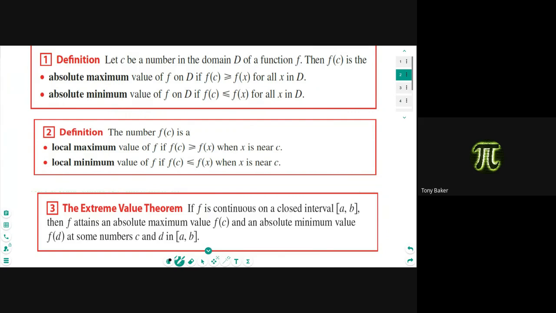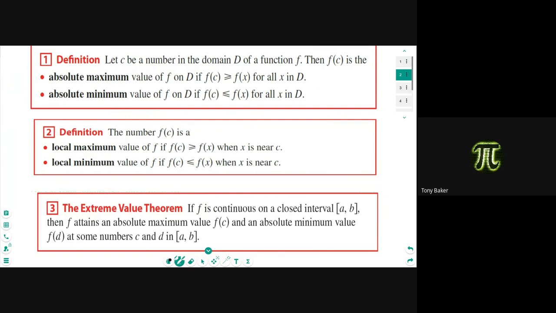A local maximum or minimum is when f of c is greater than f of x when that x is close to it, so on either side of it. So basically you're getting up to that peak. Same thing with the minimum. These are pretty self-explanatory. You do not need to know the exact notation that's right here.